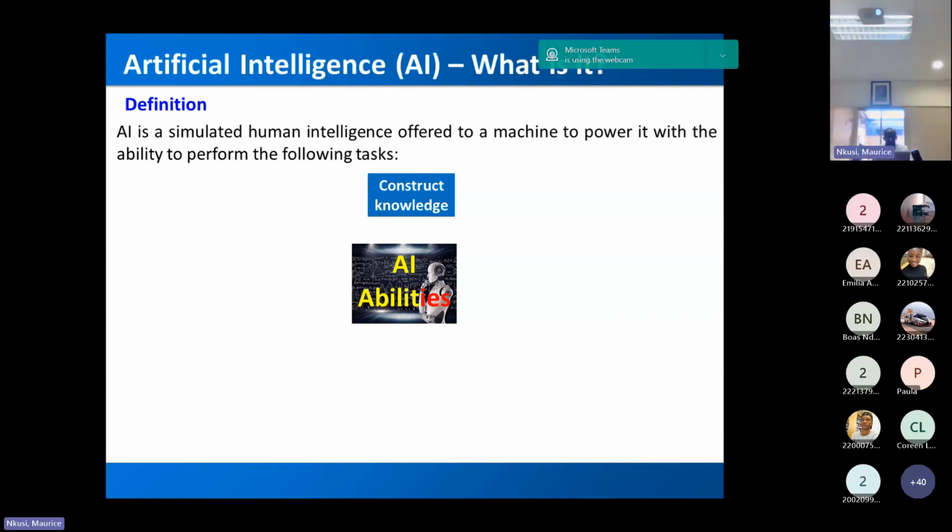So you are receiving information from external sources, and then you build a repository of information, of knowledge, but you don't stop there. When the machine gets this knowledge, this information from the users, from the people who developed those applications, the machine will start reasoning.